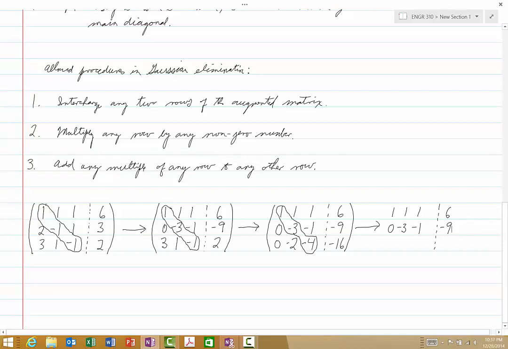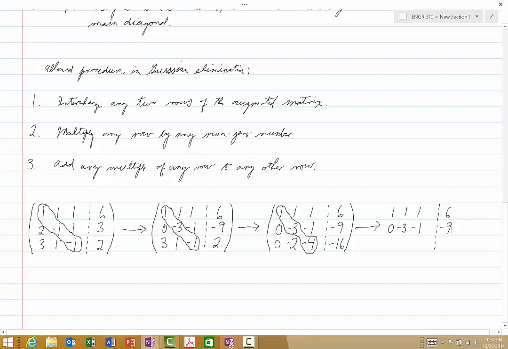This is certainly a way to do things. I don't particularly like that way because that's going to introduce fractions into our augmented matrix. And I think that once we start dealing with fractions, it increases the probability of error. But I'm going to go ahead and do it this time. But after I've done it, I'll show you another alternative.